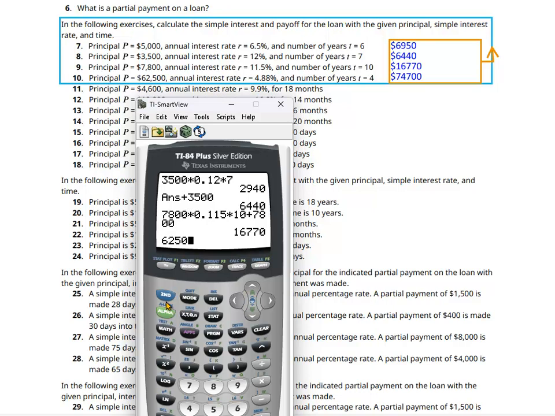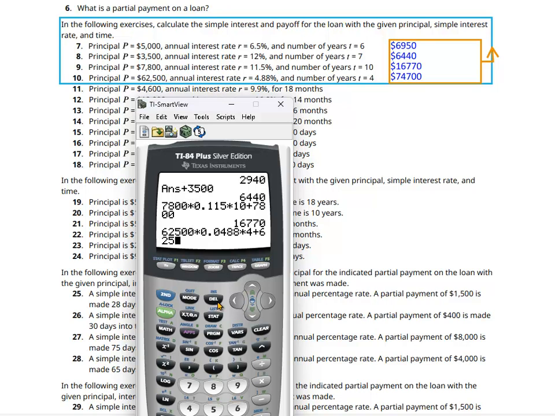Times 0.0488. Times 4 years plus the original principal investment. And there's that 74,700.